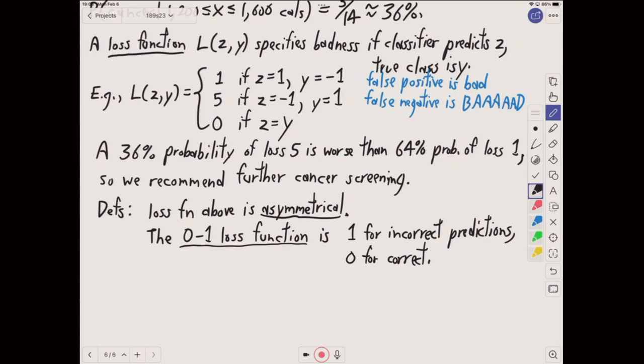Yeah? Is there any way to find the optimal loss function? How do you compare whether two choices are better or not? Whether two what? Like the loss function, 2, 1, false positive. So there are a lot of combinations here. Mm-hmm. Oh, are you talking about multi-class problems, when you have more than two classes? How to find the best number? For example, you use 1 and 5 here, for the loss function.